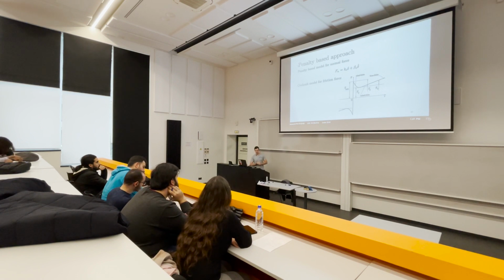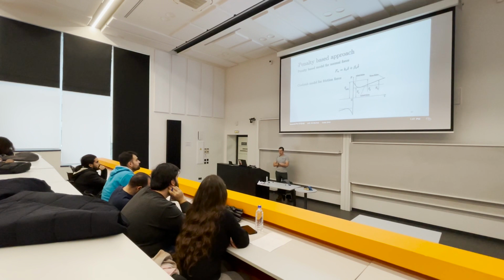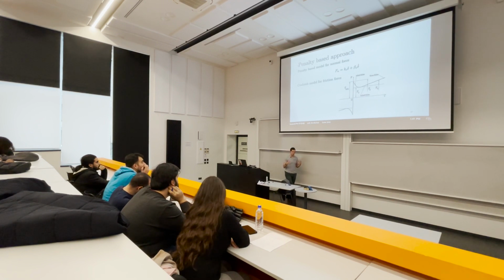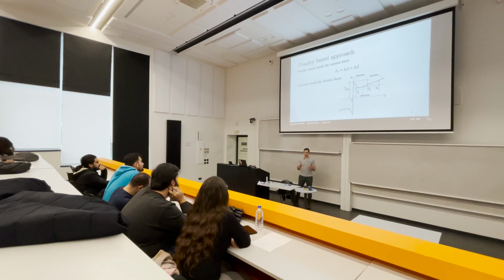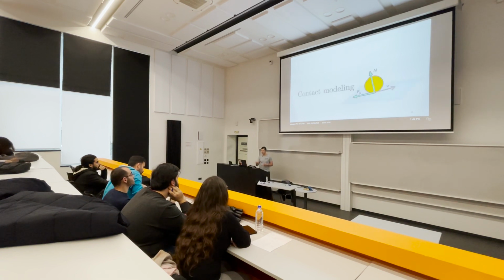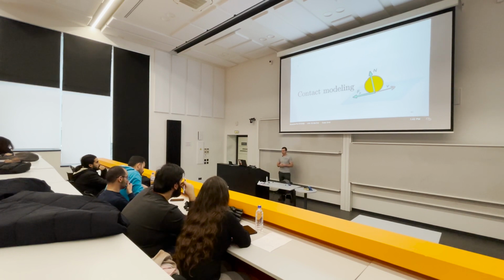So the idea is the following. We model interaction between objects. There is a normal force and there is a friction force, according to the picture that we have right here, right? We need to somehow derive an equation for them.